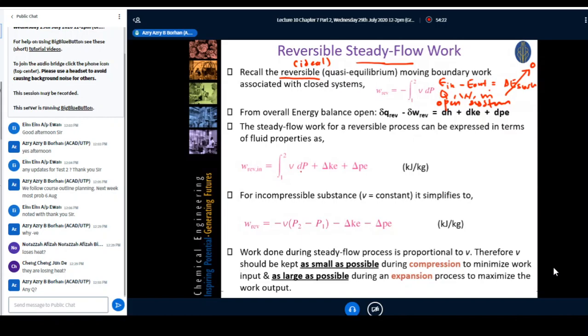Now, if we simplify this equation, in the end of the day what we have is V times delta P. Guys, how can I simplify from this equation into this one? Basically, you have to make use of the definition of delta S equals delta Q over T for internally reversible, and also from your second T dS equation, you have delta S equals dH minus V times delta P. So simplify these two and substitute into this equation.